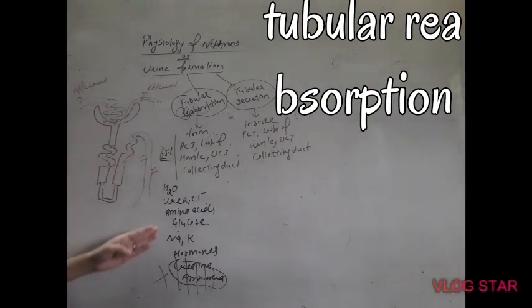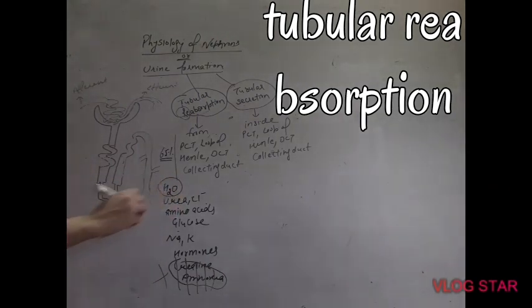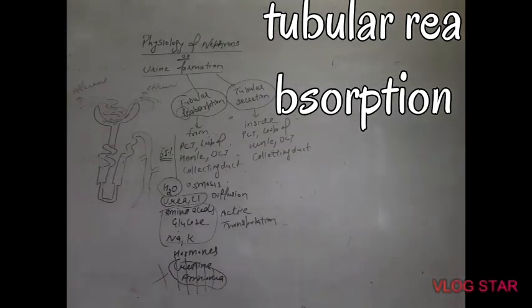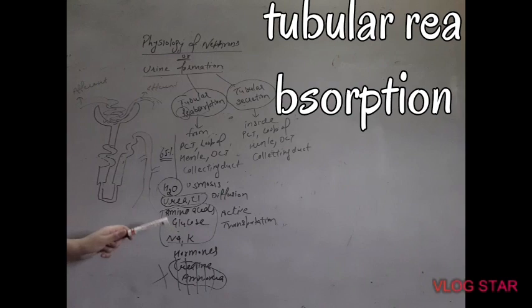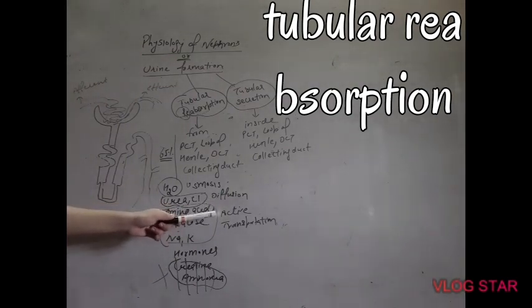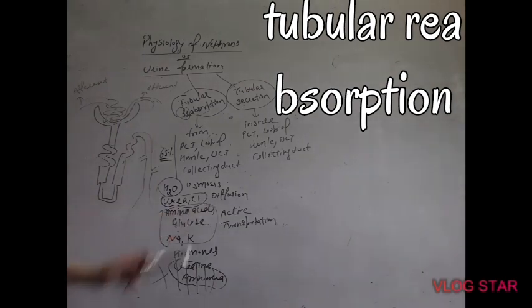So movement of these substances is due to these various ways of transportation. Like water is absorbed by the process of osmosis, and urea and chloride ions are absorbed by the process of diffusion, and amino acids, glucose, sodium, potassium are absorbed by the process of active transportation.